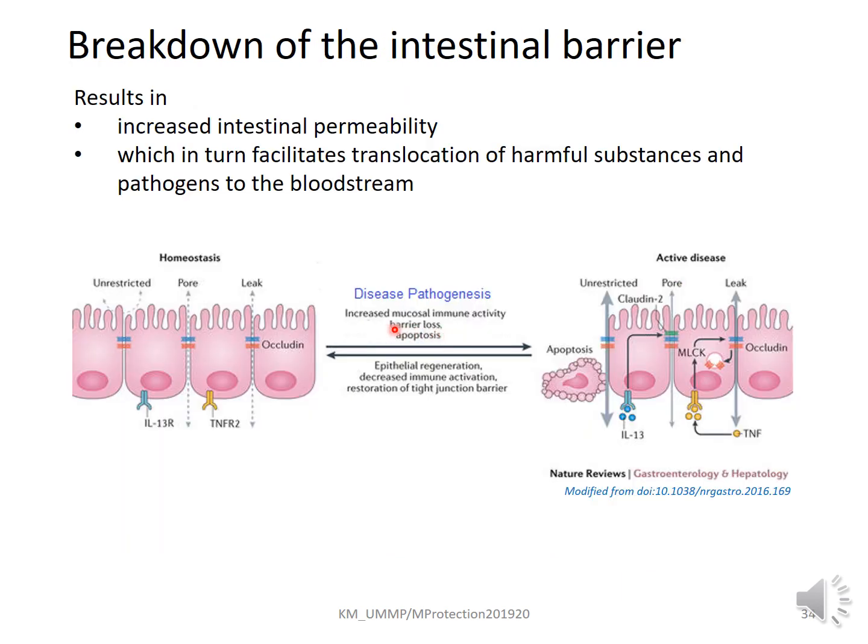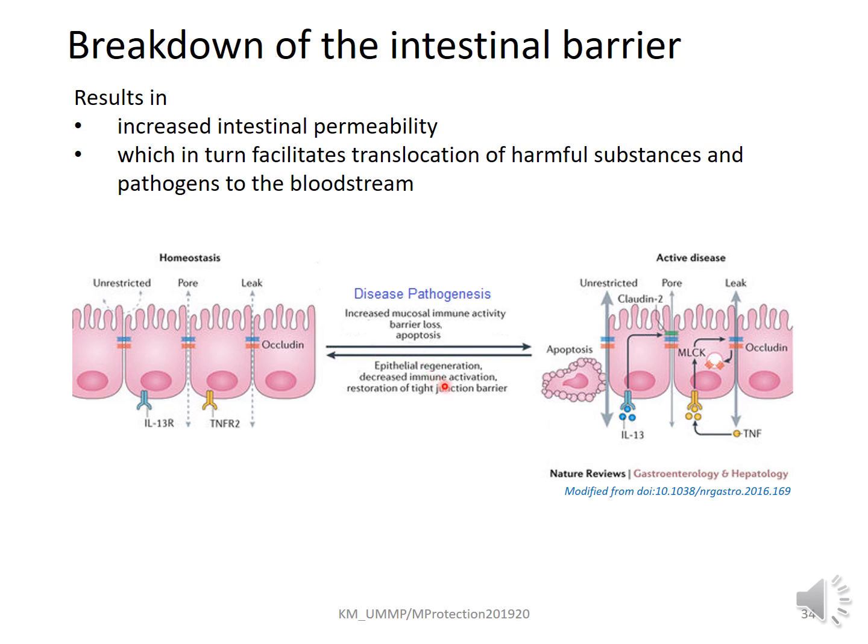In disease pathogenesis, this intestinal barrier can be broken down. If the barrier is broken down, in some cases, it restores homeostasis by epithelial regeneration, decreased immune activation, and restoration of the tight junction barrier.